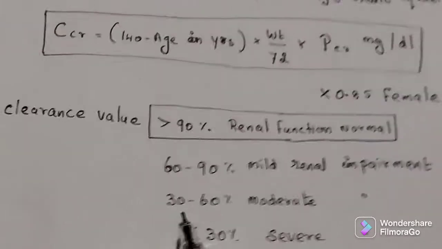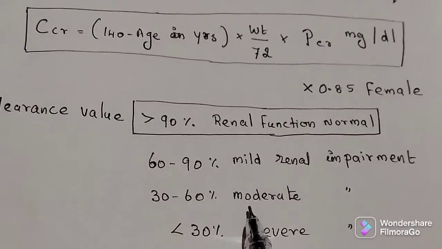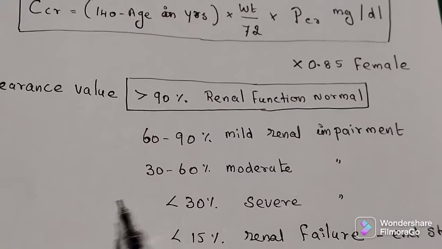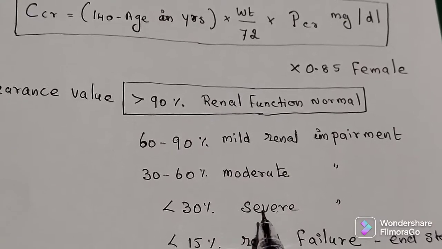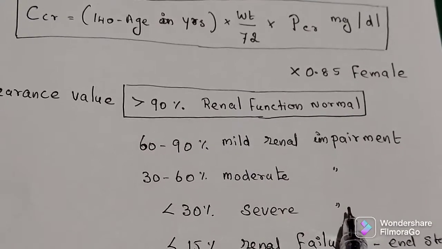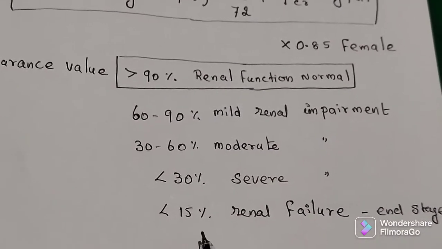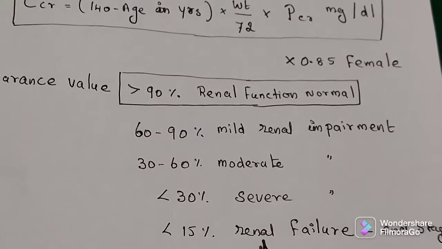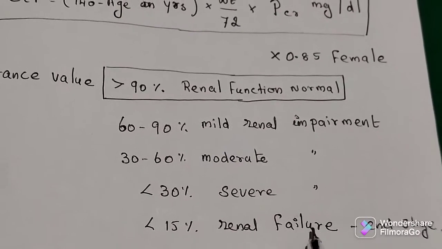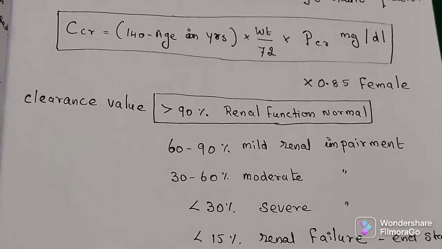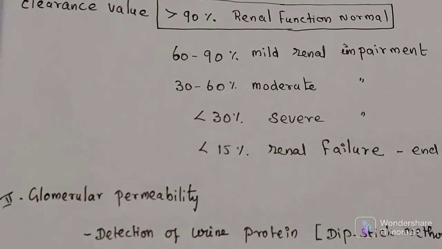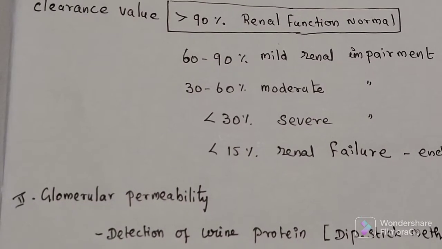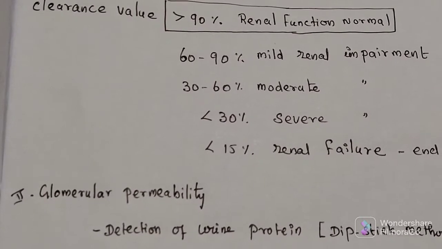If it is 30 to 60%, it means moderate renal impairment. Less than 30% means severe renal impairment. Less than 15% is said to be renal failure, that means end stage. This is how we can assess glomerular function or filtration.